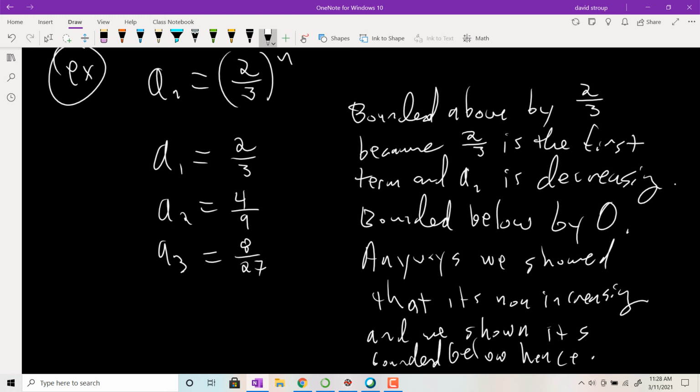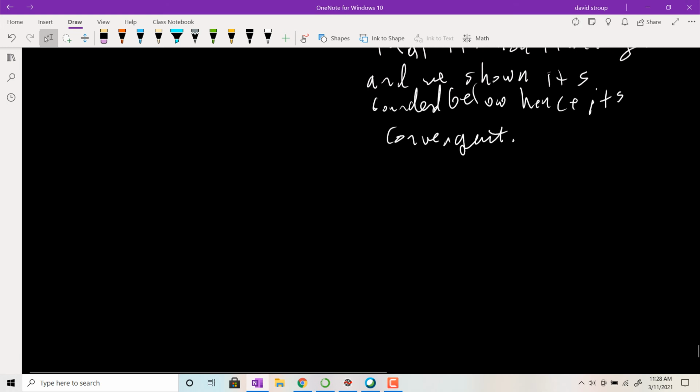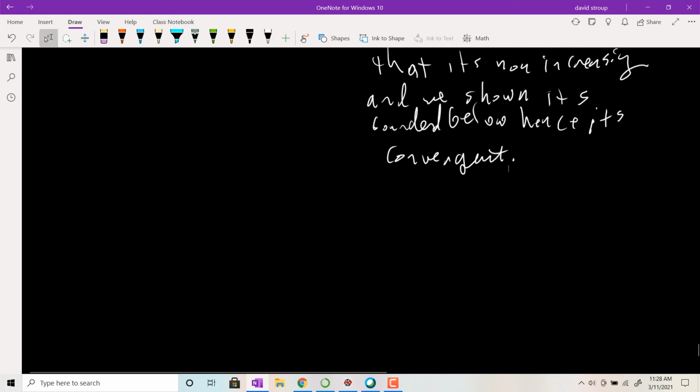Hence, it's convergent. To what? I don't know, but it's convergent. And it turns out it's convergent to 0, pretty much any fraction r that's in between 0 and 1.